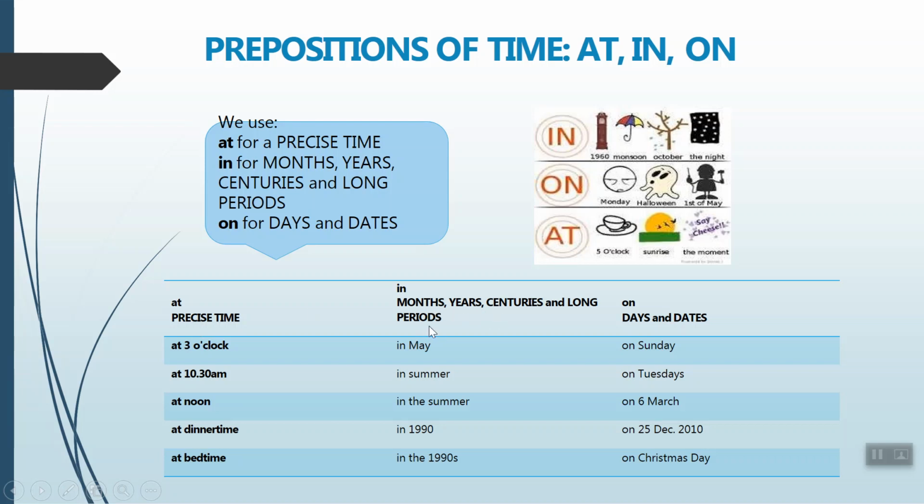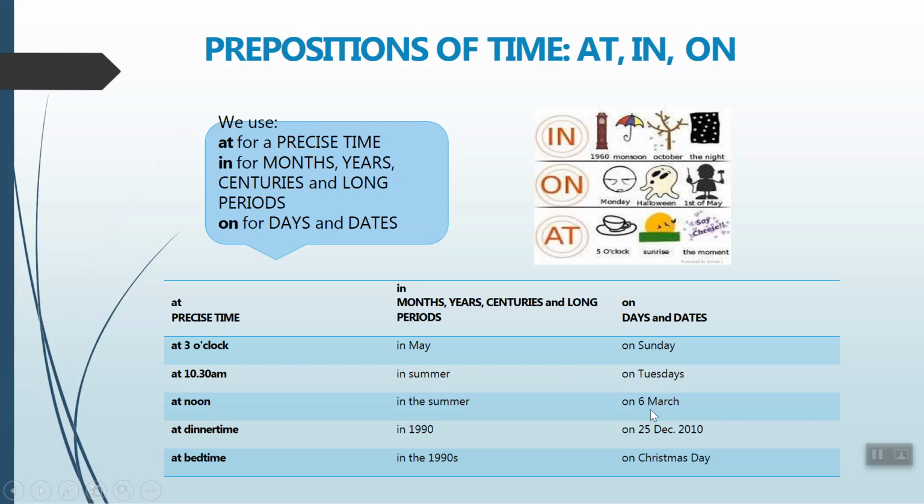In, as I said, for months, years, centuries, and long periods: in May, in summer, in 1990, in the 1990s. On for days and dates: on Sunday, on Tuesday, on the days of the week, on 6th March.